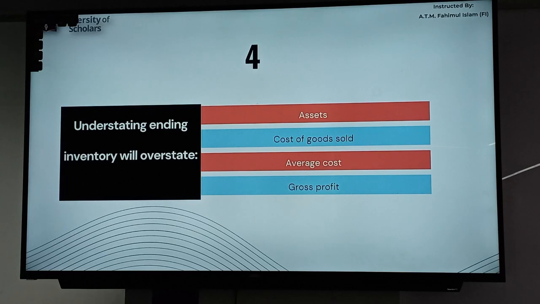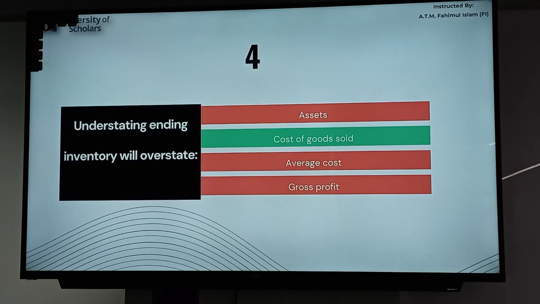It is a 50-50 chance. Is it gross profit? No, because inventory is directly related to cost of goods sold. If you understate the inventory, it will affect the cost of goods sold first and ultimately the gross profit.